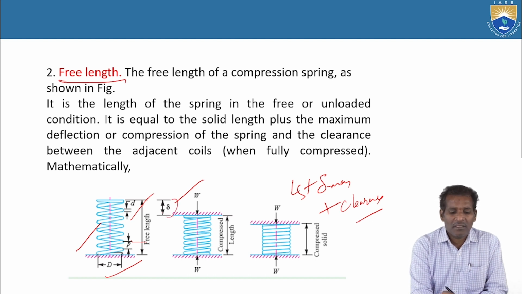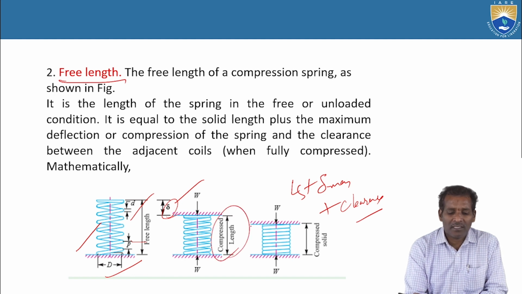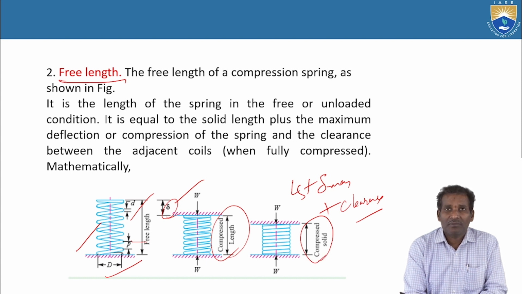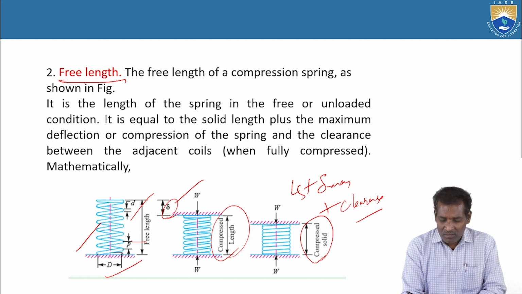That is in the form of delta. So this length is called the compression length. And then compressed solid. In free condition, first one is without load, the unloaded condition, then loaded, and fully loaded. This is known as compressed solid. The coils are joined together.